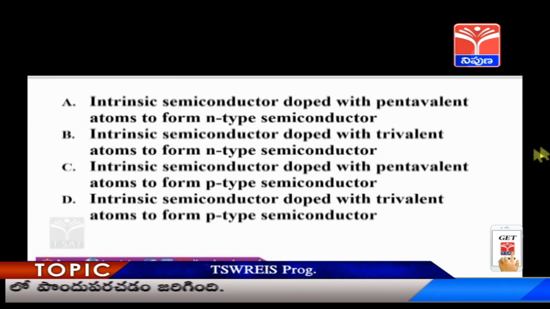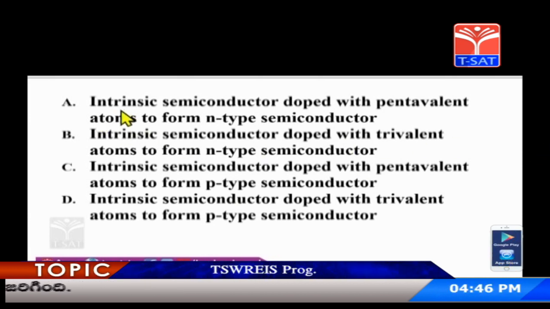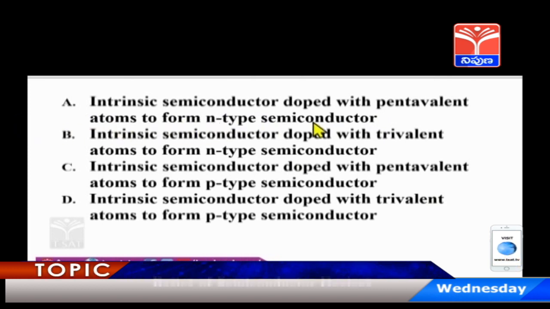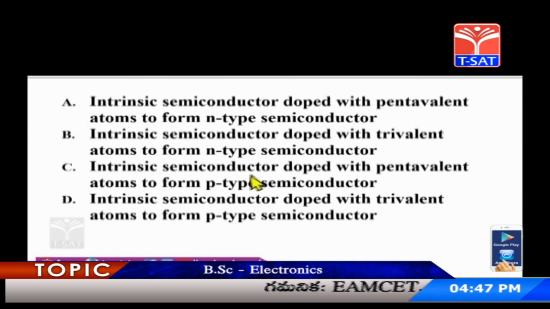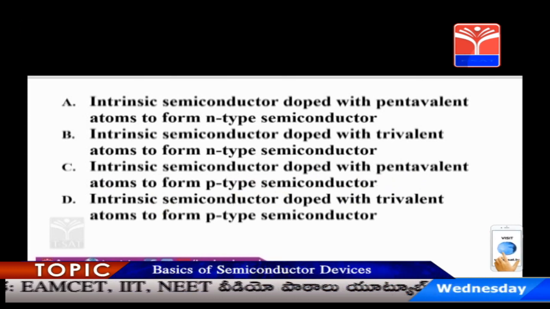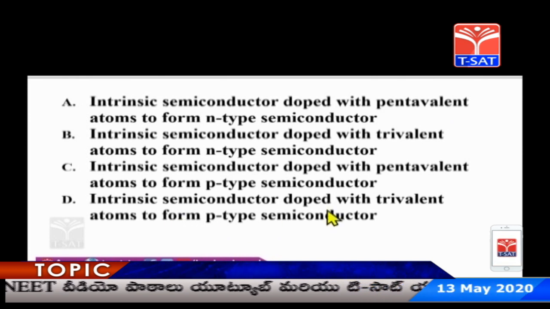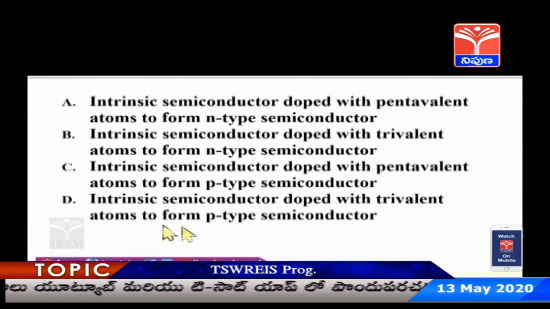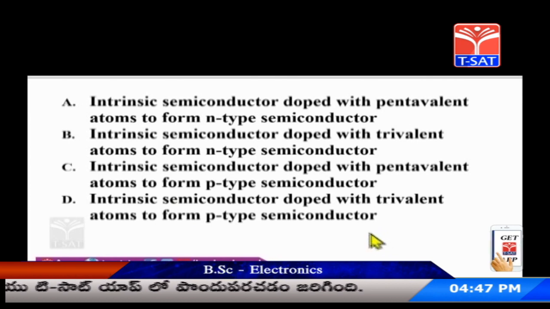So you read the options. Intrinsic semiconductor doped with pentavalent atoms to form n-type semiconductor, or intrinsic semiconductor doped with trivalent atoms to form n-type semiconductor, and intrinsic semiconductor doped with pentavalent atoms to form p-type semiconductor, and intrinsic semiconductor doped with trivalent atoms to form p-type semiconductor.